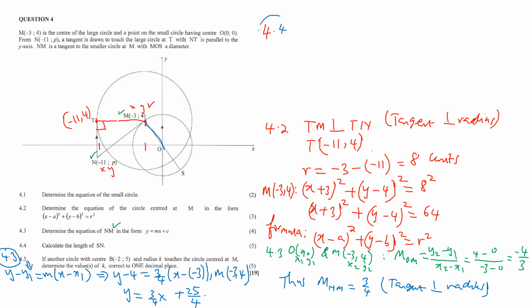Right, so in doing 4.4, we first note that the point N has the coordinates minus 11 and P. Moreover, we note that the equation obtained just now is 3 over 4 x plus 25 over 4.